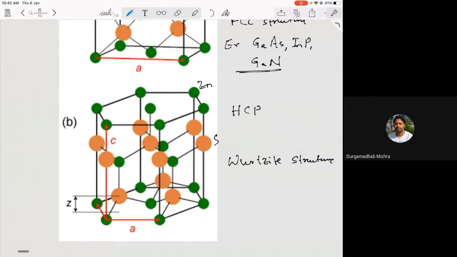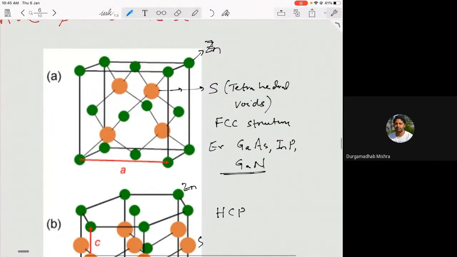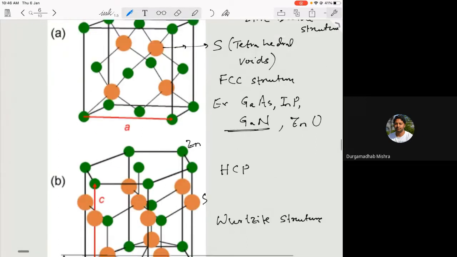But many of the semiconductors actually follow this zinc blende structure. Many oxides also, these are compounds, for example zinc oxide.